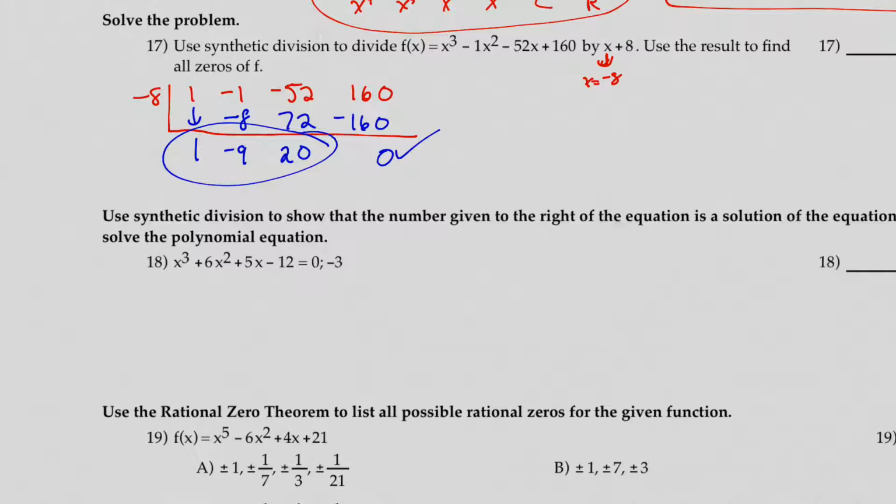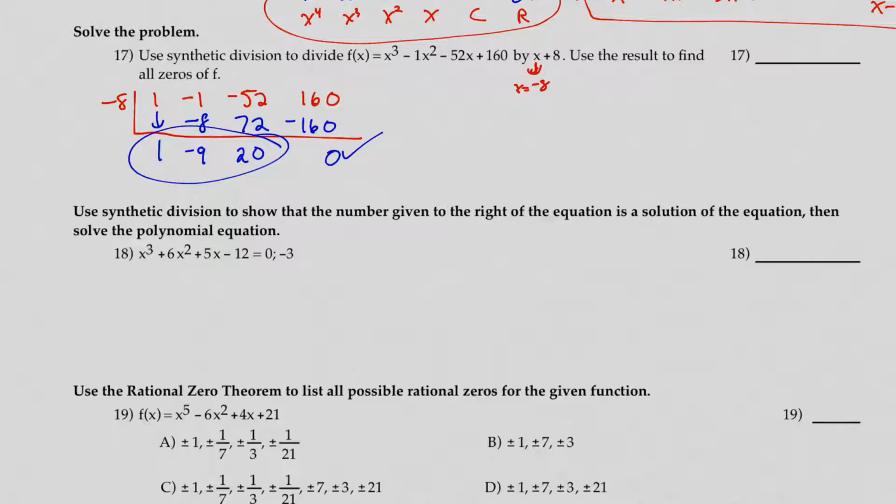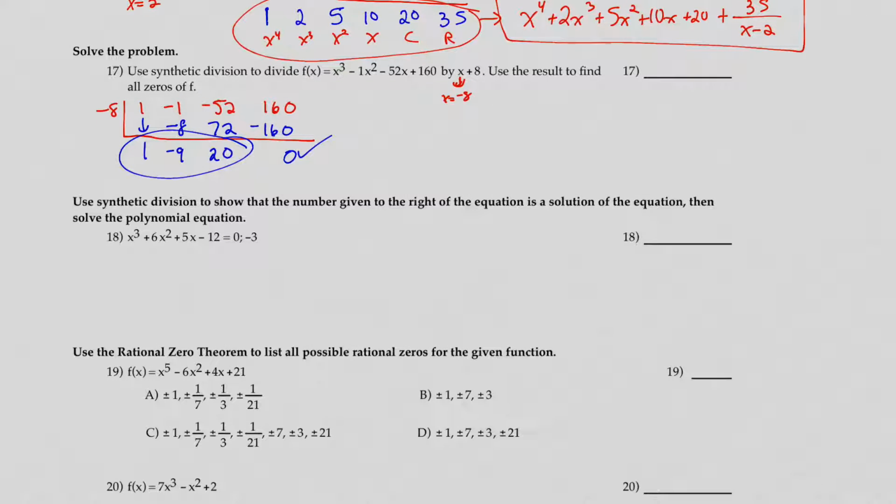Okay, so we need to use this as our remaining polynomial. So basically now we have x squared minus 9x plus 20. And we factor those two, which is going to give us x and x, and 4 and 5.